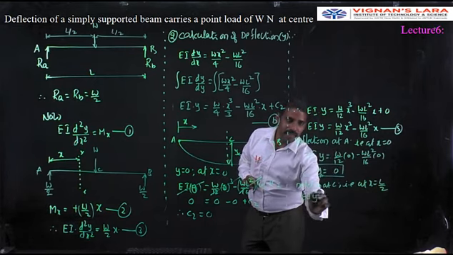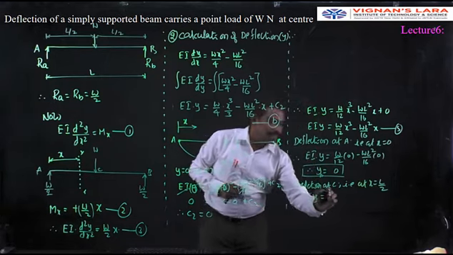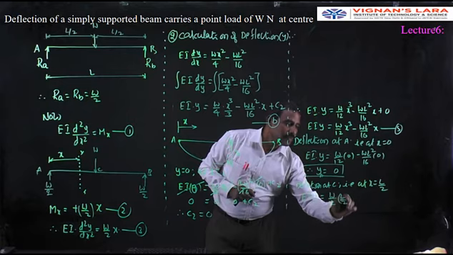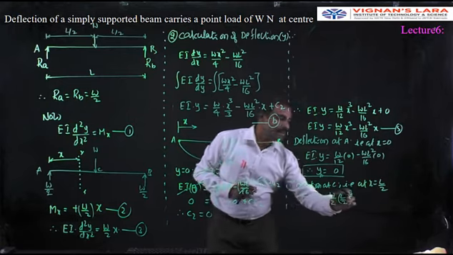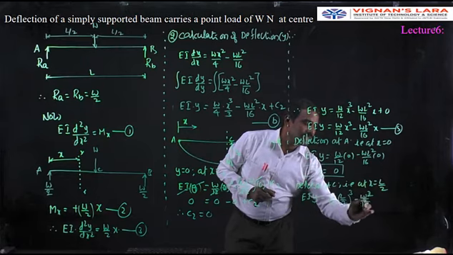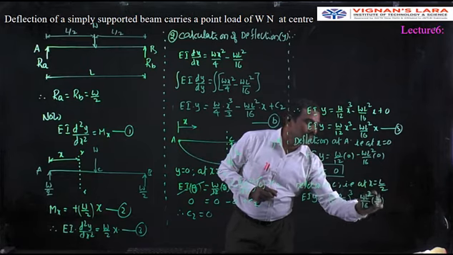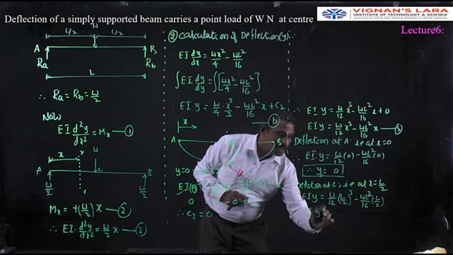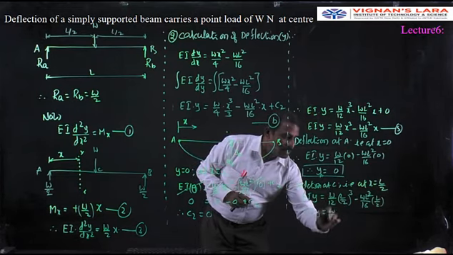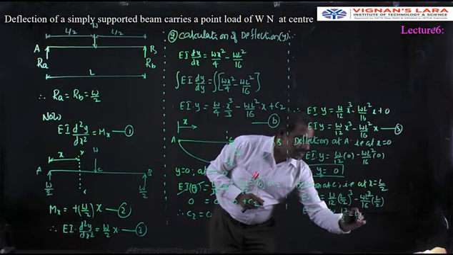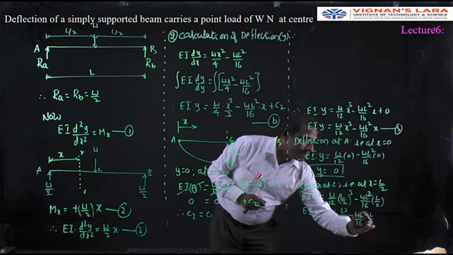EI into Y is equal to W by 12 into L by 2 whole cube minus WL square by 16 into L by 2, that is, EI into Y is equal to W by 12 into L cube by 8 minus WL square by 16 into L by 2.